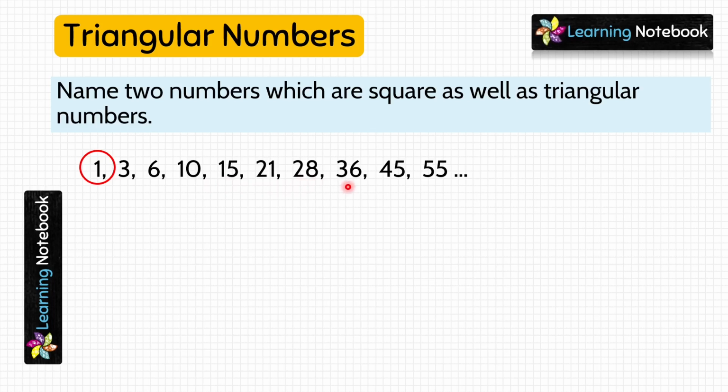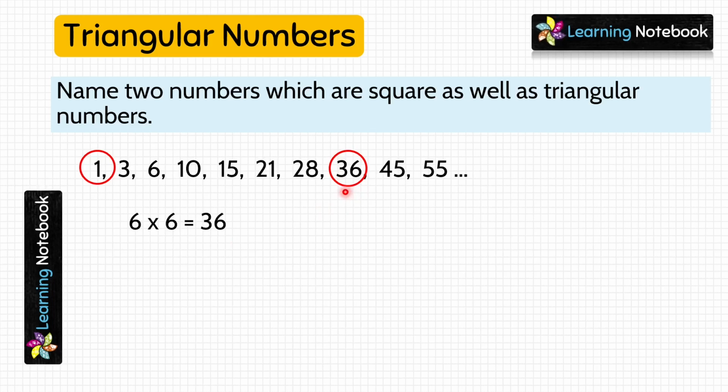Then, students, we have 36. Yes, 36 is a square number because we know 6 into 6 equals 36. So 36 is a square number. Now let's also see why 36 is a triangular number.